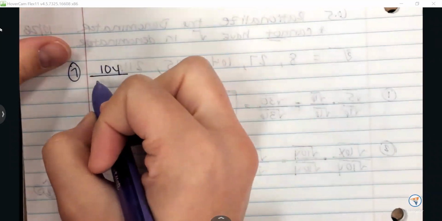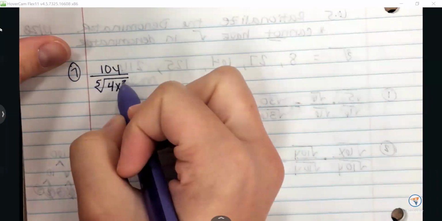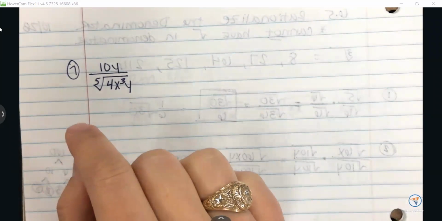So my problem says 10y over the 5th root of 4x cubed y. So I have the fifth root. Some of you are gonna need a calculator real quick. So if I have a fifth root, the smartest thing to do would be to write down powers to the fifth, or bases to the fifth power.